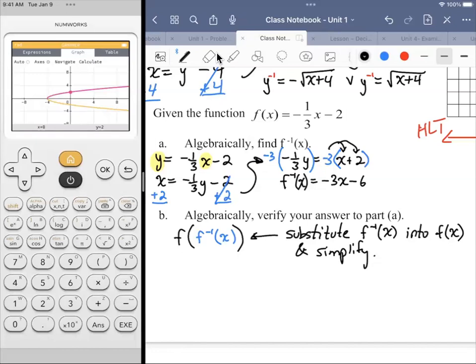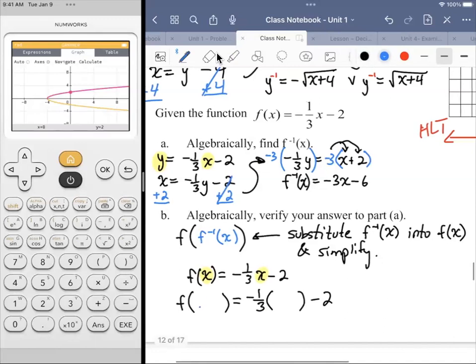So what I'm going to do is rewrite my f of x, but everywhere I have an x, I'm going to replace it with an f negative 1 of x. So I'm going to exaggerate my substitution here. Inside, I'm putting the inverse function. All right. So I'm replacing x with the inverse function of x.